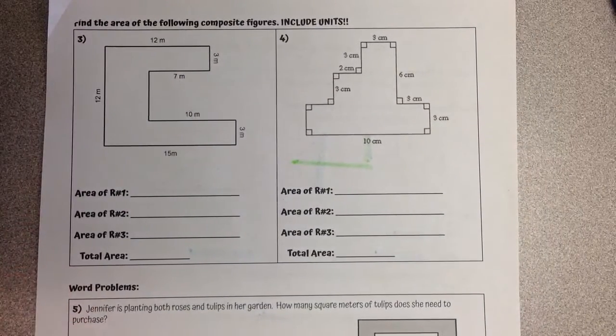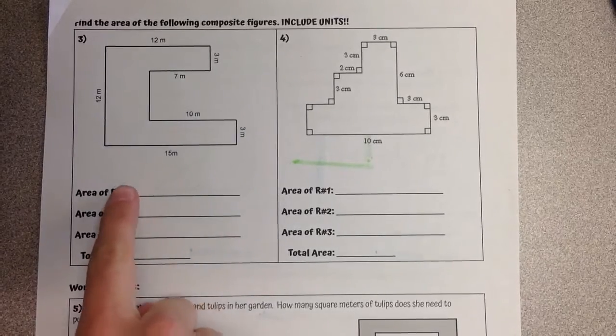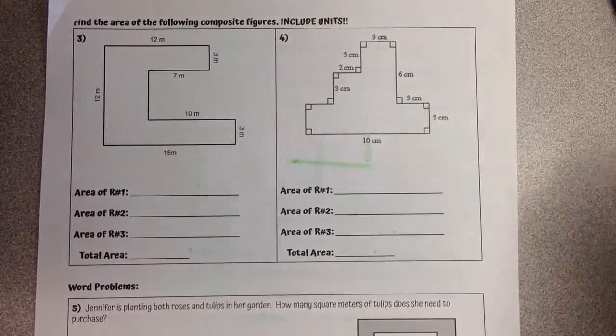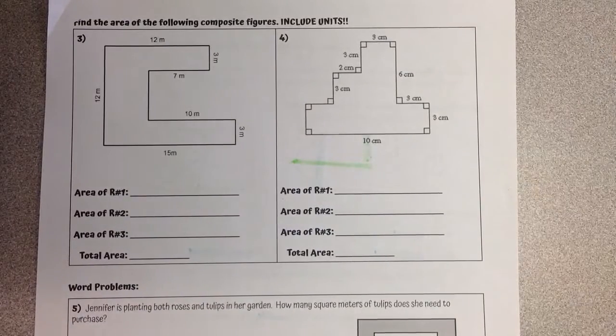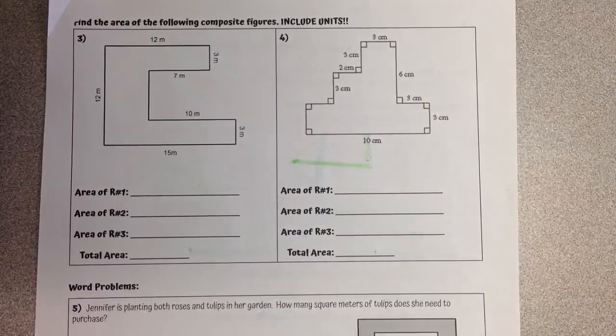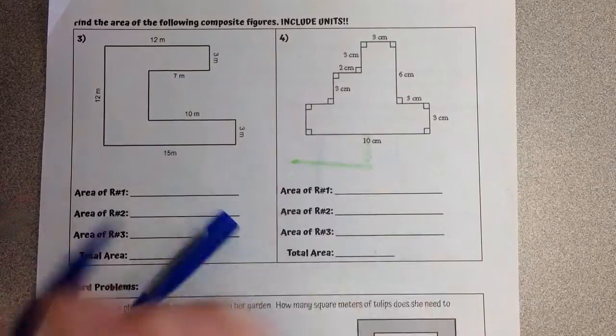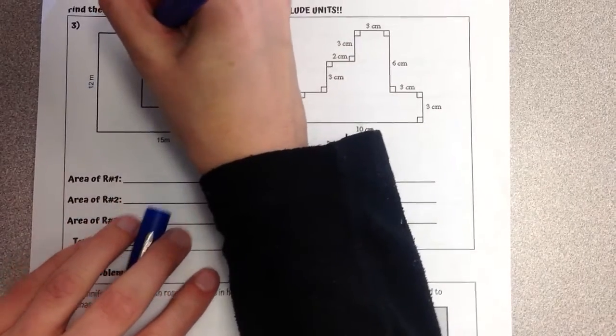All right, finding the area of these ones. So now these shapes are actually a little bit bigger, and you'll notice down here that we are dividing it into 3 rectangles. There's lots of different ways that you can get to the right answer. You just need to make sure that you're looking at the correct dimensions when you do so. So this first rectangle, I am going to split up right here and here.